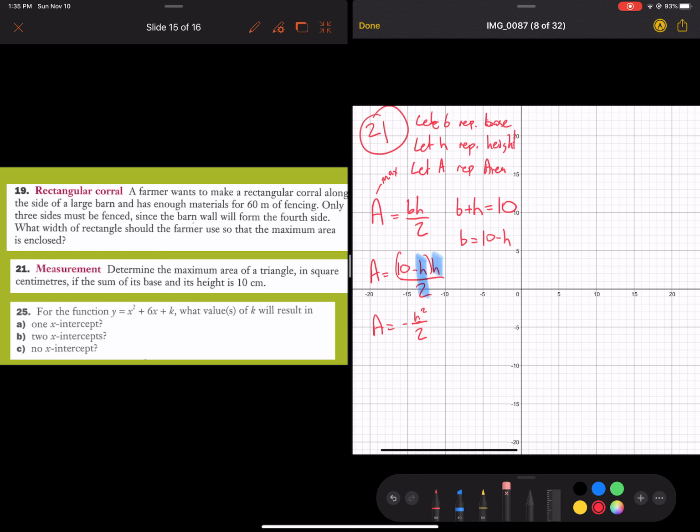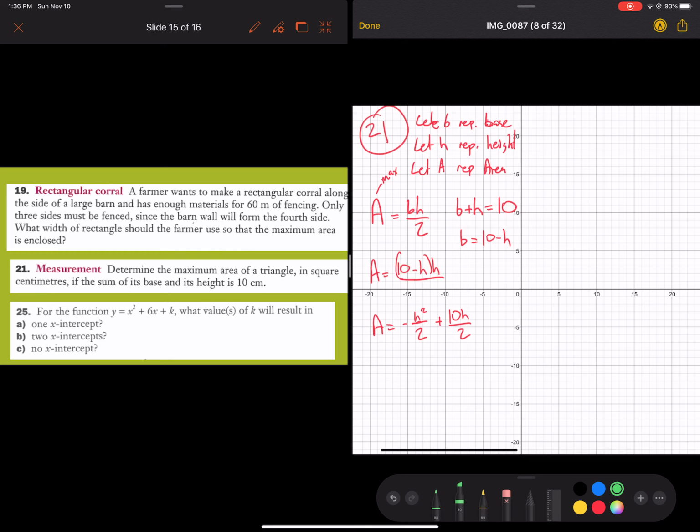And then we have plus 10h over 2. We got that from 10 over 2 times h, right? H is being multiplied by everything.